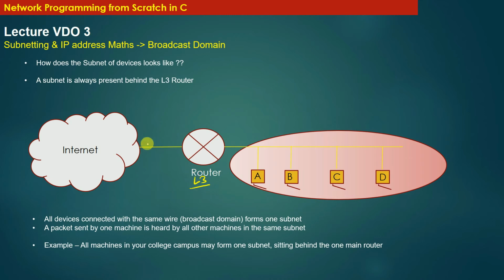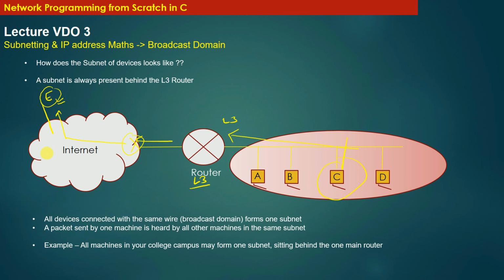So in this example, let us say that there is some remote machine E present elsewhere in the network, and let us suppose machine C wants to communicate with machine E. Now this is an example of communication where the communicating machines are present in different subnets. So all the data generated by machine C will have to go through the L3 router, and there could be any number of L3 routers present in the network, and eventually the data reaches machine E.